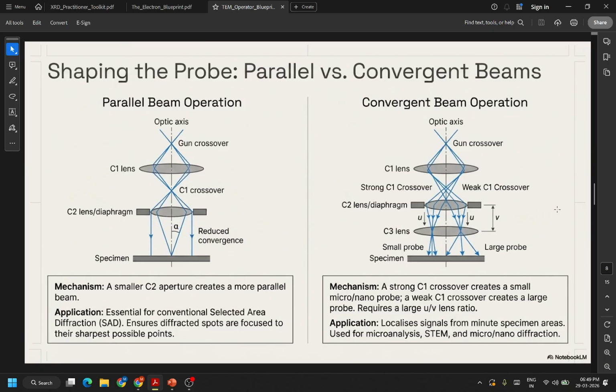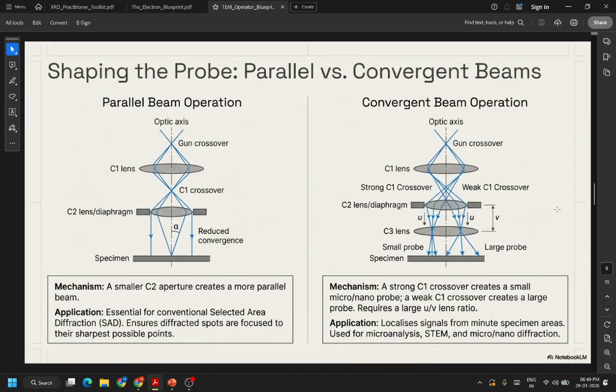Then you can have a parallel beam or a convergent beam. For a parallel beam, a smaller second aperture creates a more parallel beam.